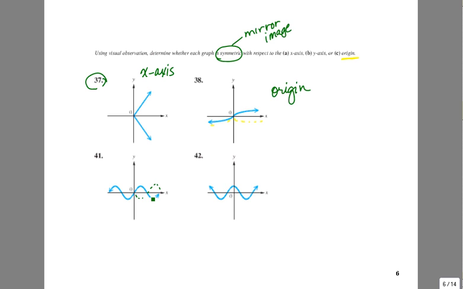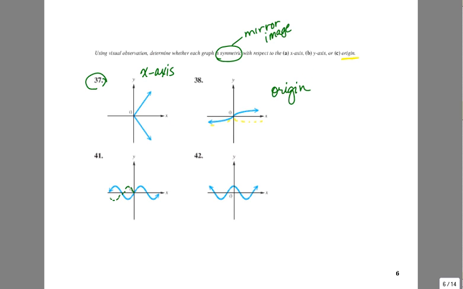So this would not be symmetric with respect to the x-axis. The y-axis would mean that if you fold this piece over here, you're going to see this piece and this piece. A lot of times it's good to draw these on a piece of paper and actually fold it along the axis so you can see if you see the same picture when you look through. And that's not symmetric with respect to the y-axis.